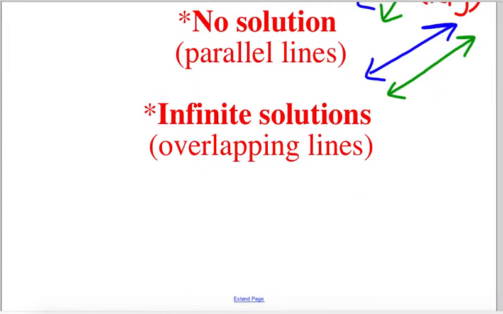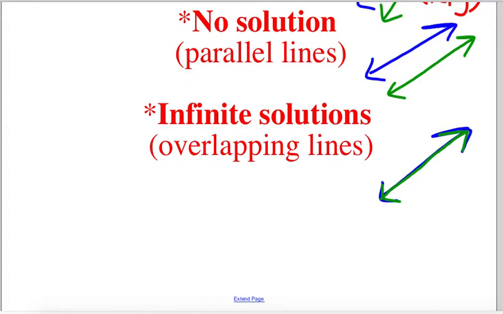And then imagine this. This is the third thing that could happen. Maybe your first line goes like this, and you graph your second line, and you notice that, hey, look what happened. It's the exact same line. They're completely and totally overlapping.